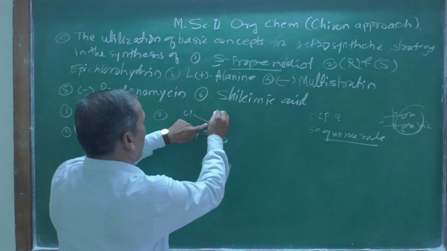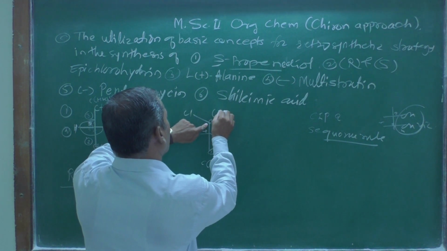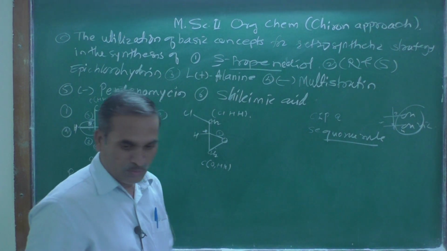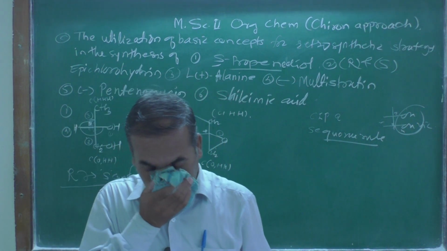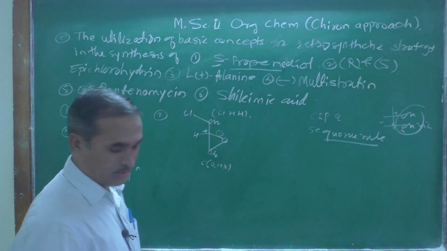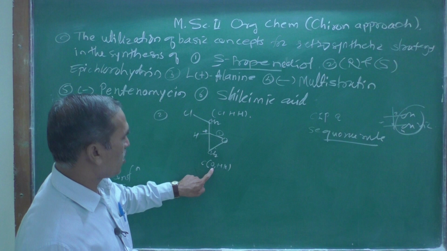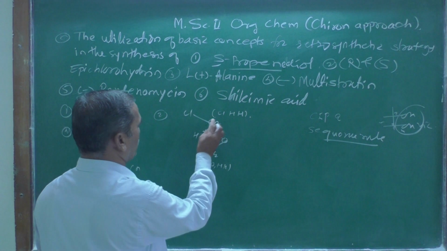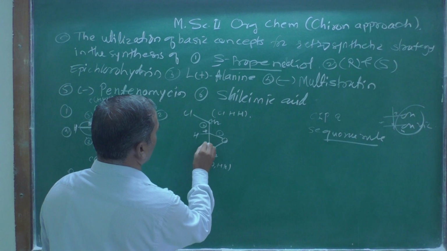And this carbon atom has one chlorine atom and 2 hydrogen atoms, right? Now which one is bigger? Look here, oxygen has atomic number 8, but chlorine has 35, and therefore chlorine should be the second priority, and this one should be the third.